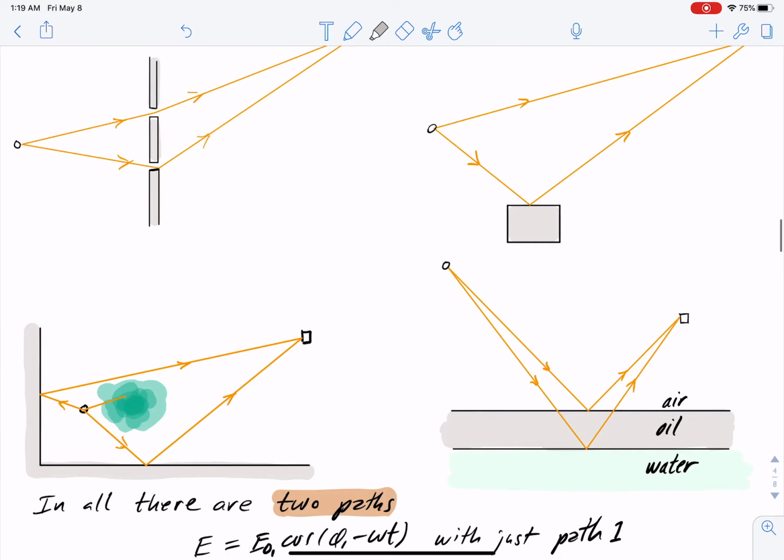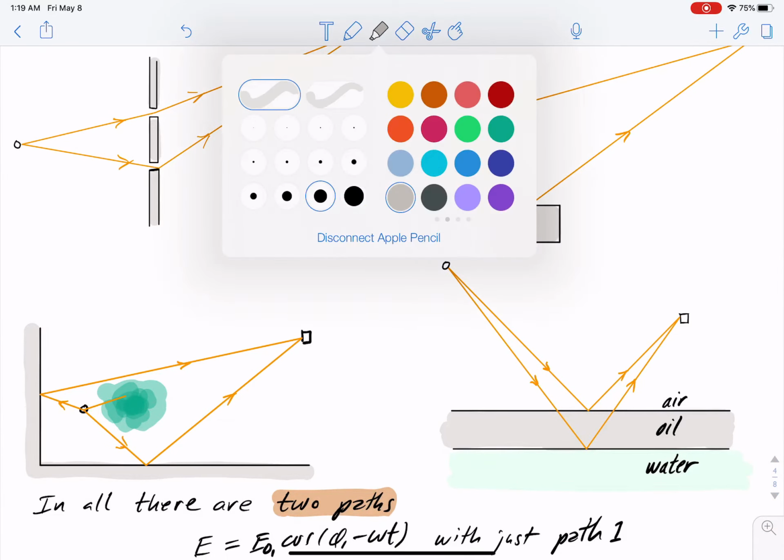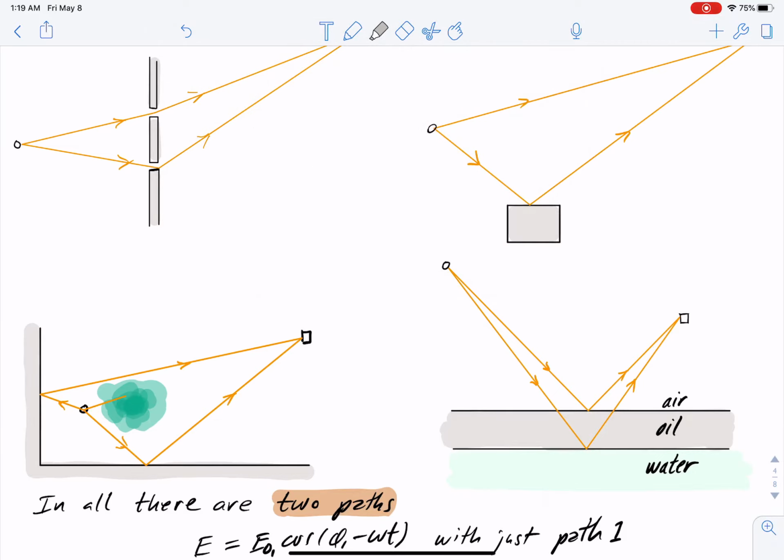This is another one, the one that describes the colored patterns when you have oil on the surface of water. There's the light that bounces off the surface between the top of the oil and the air, but there's another reflection off the interface between the oil and the water.